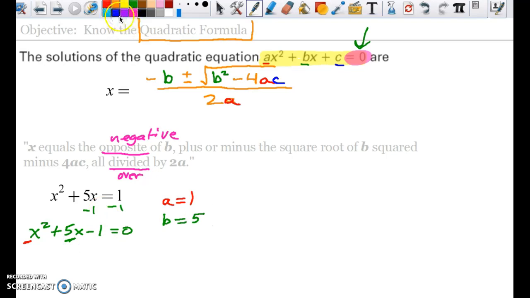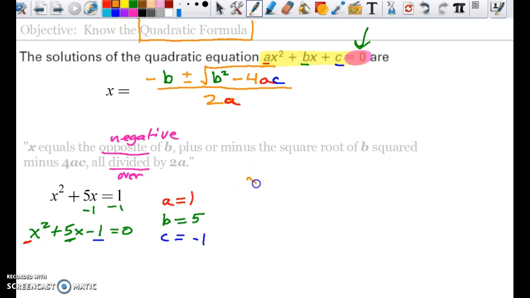And what is the c value? Well, after I moved it over from the other side, and again, that's extremely important, you have to make sure this is set equal to 0, my constant term was negative 1. Let's use my new formula here to help myself out.